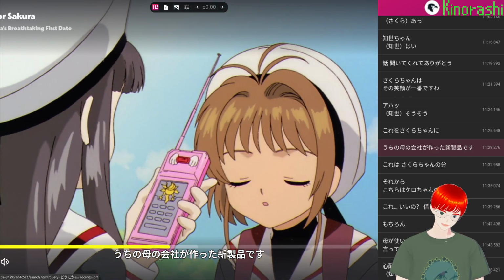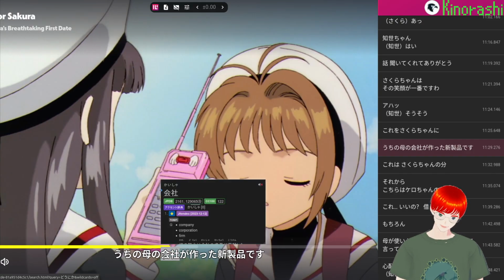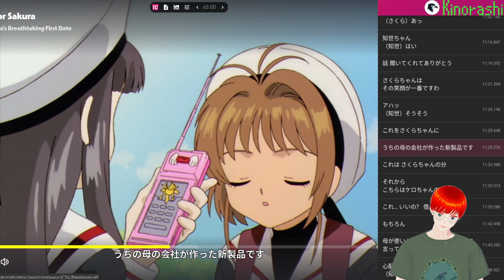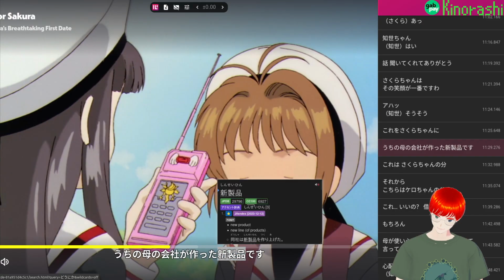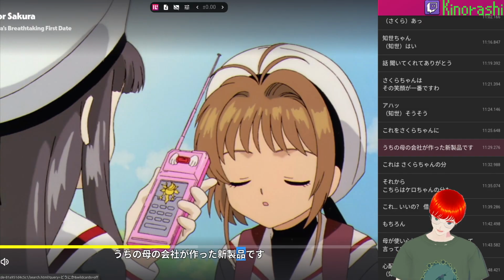Uchi no haha no kaisha. So my mother's company ga tsukutta, made or produced, shinseihin, new product, new line of products. Yeah, I know this kanji has to do with cargo and this has to do with new.